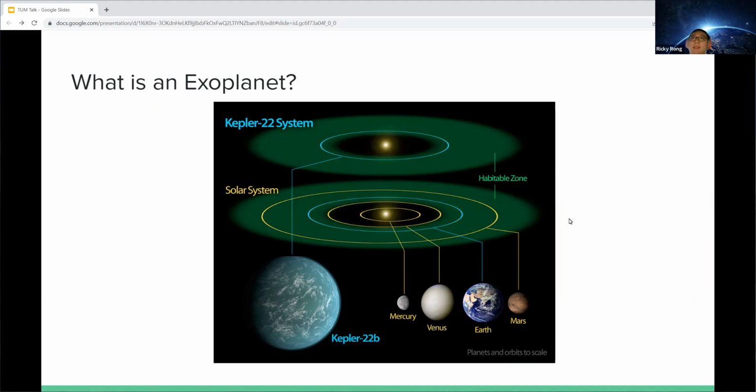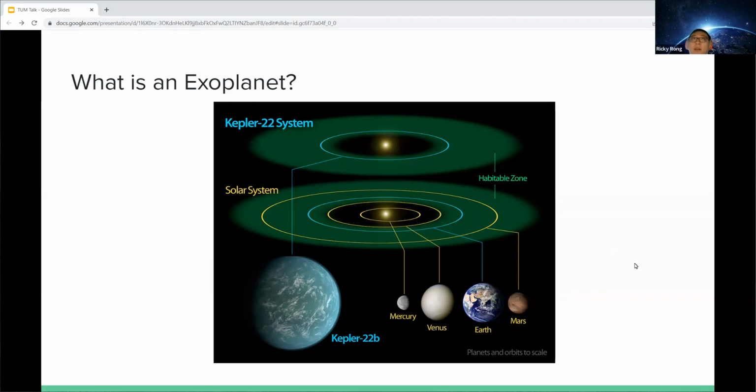What that means is it's a terrestrial planet like Earth, but bigger than Earth. This illustration, for the sake of the planets, is actually to scale. The other thing is that it's orbiting within the habitable zone, so it's interesting for things like search for extraterrestrial life missions, and exoplanet detection is a large part of that.